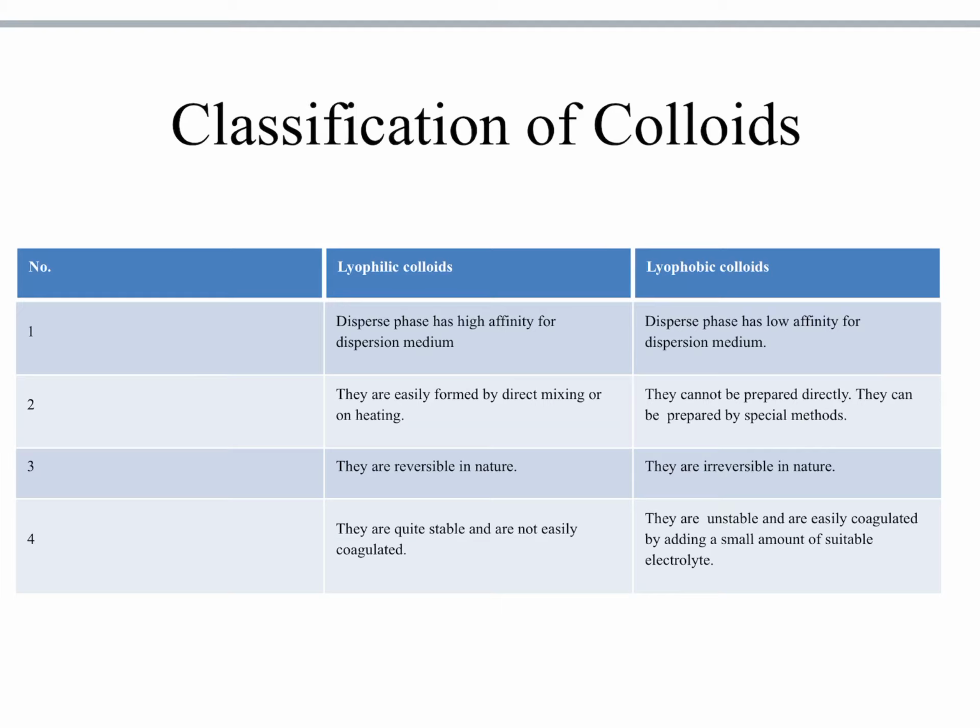Colloid particles scatter light. We can see the scattering of light by the colloidal particles. You can easily observe this scattering if you watch from the right angles to the path of light through a colloidal system.